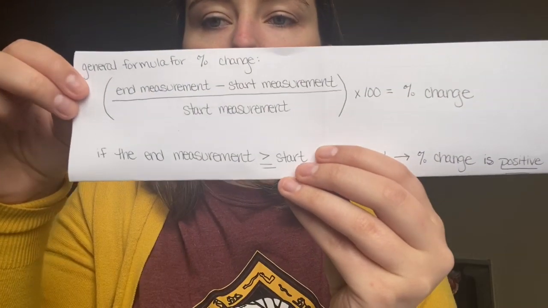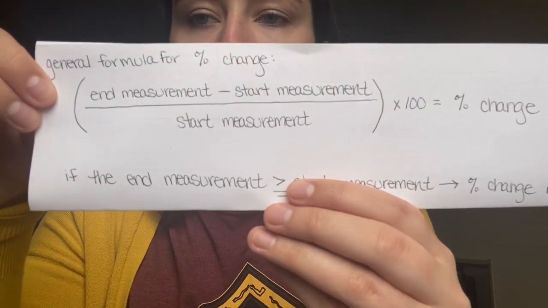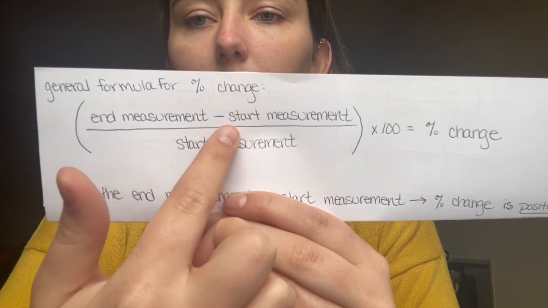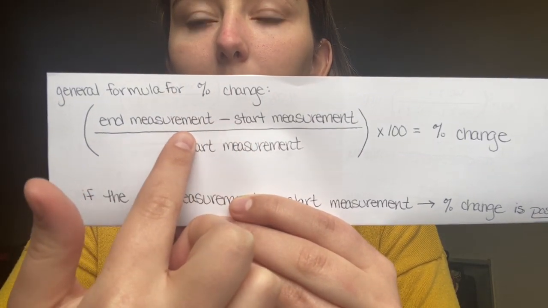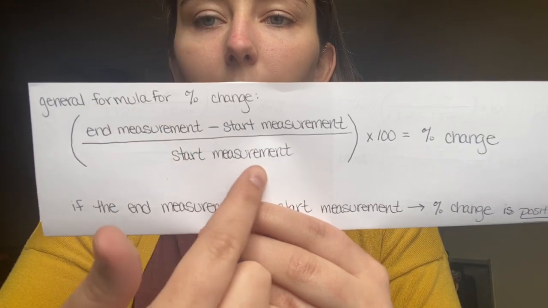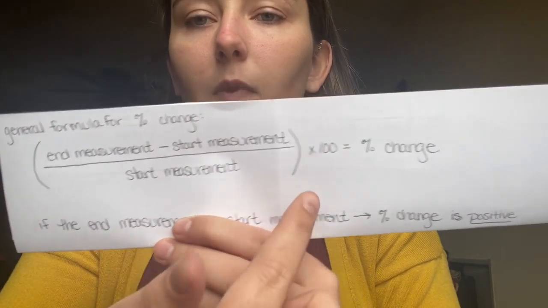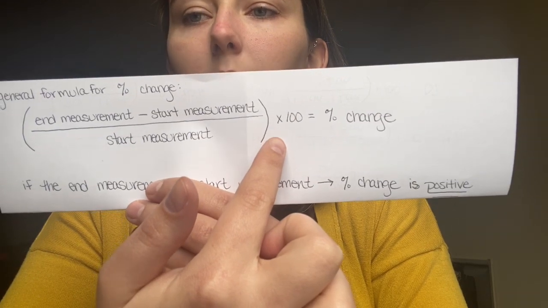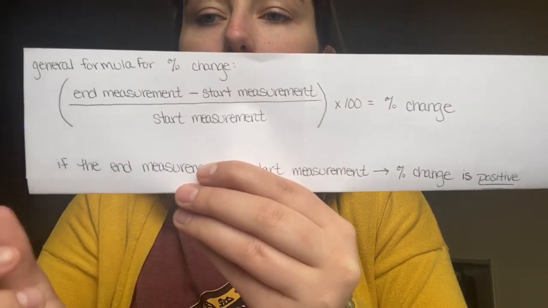Again, I'm going to walk through a few examples of this. You subtract your start measurement from your end measurement, divide by your start measurement, and then multiply by 100 to make it a percent. And then what will that number even mean?